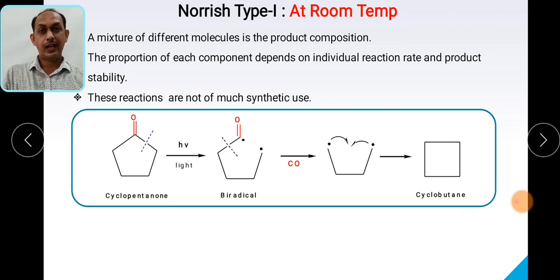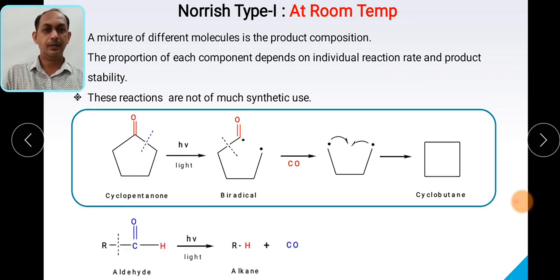The one carbon has gone in the form of a neutral molecule, that is CO. So remember, cyclopentanone will give you cyclobutane. If you start with cyclohexanone irradiated with a photon, what product will you expect? You will get cyclopentane. Remember.